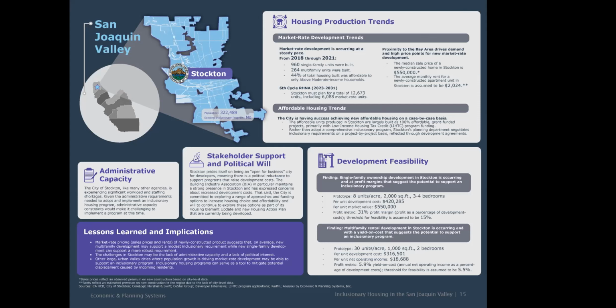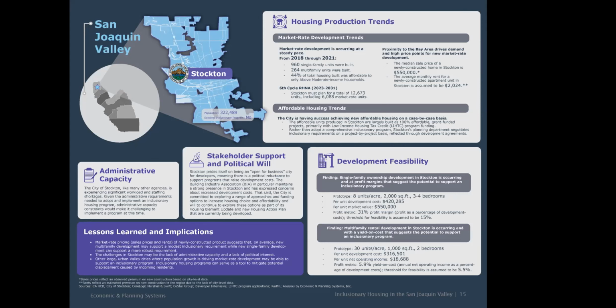Stockton is, you all know this, in the northern part of the Valley. It's in the sphere of the Bay Area pricing pressures, and so that was one of the things we wanted to reflect. And in the past several years, the city's experienced really steady development, seeing really a mix of market rate and affordable development. So this is getting at the market rate feasibility lens, right?